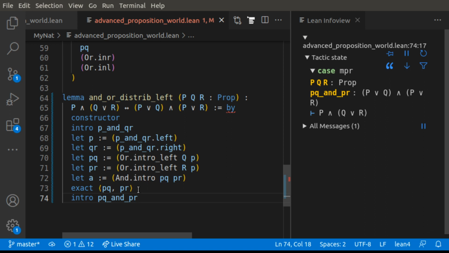Okay, we have that. We want to show P and (Q or R). This seems a little trickier. So P. How do we get P?